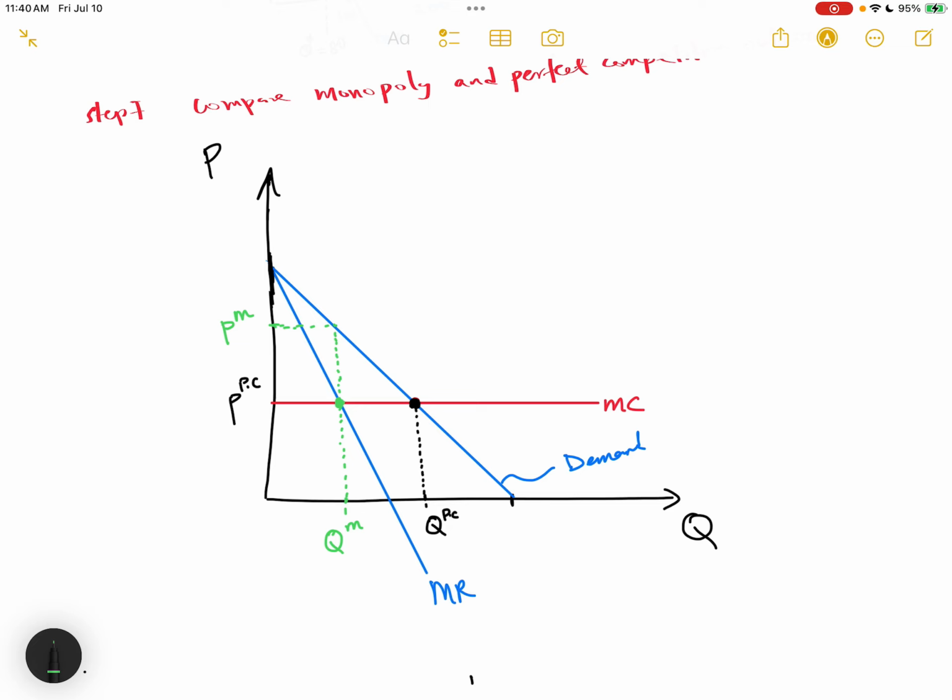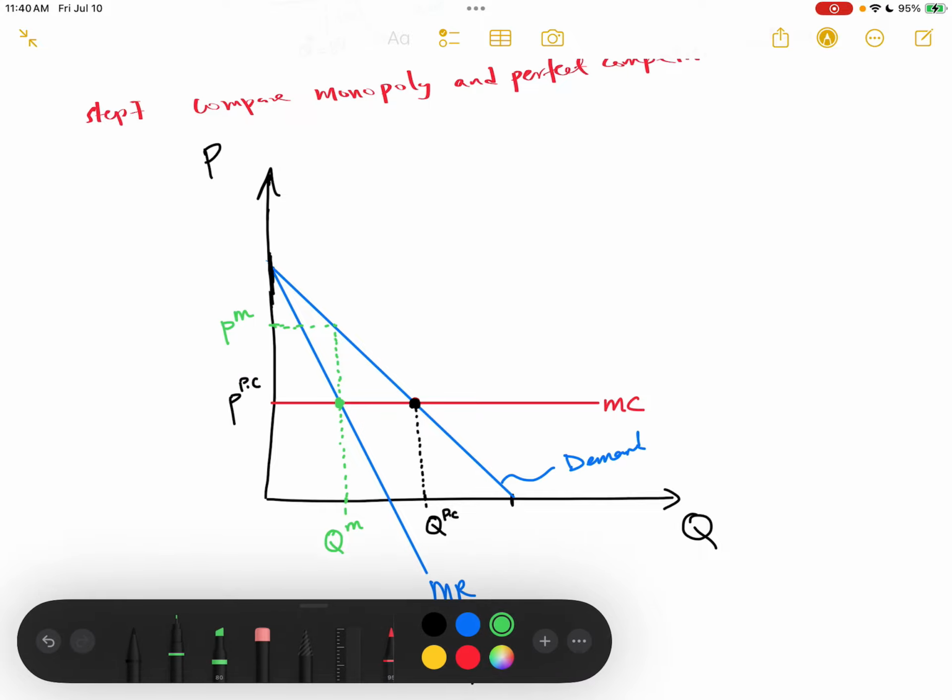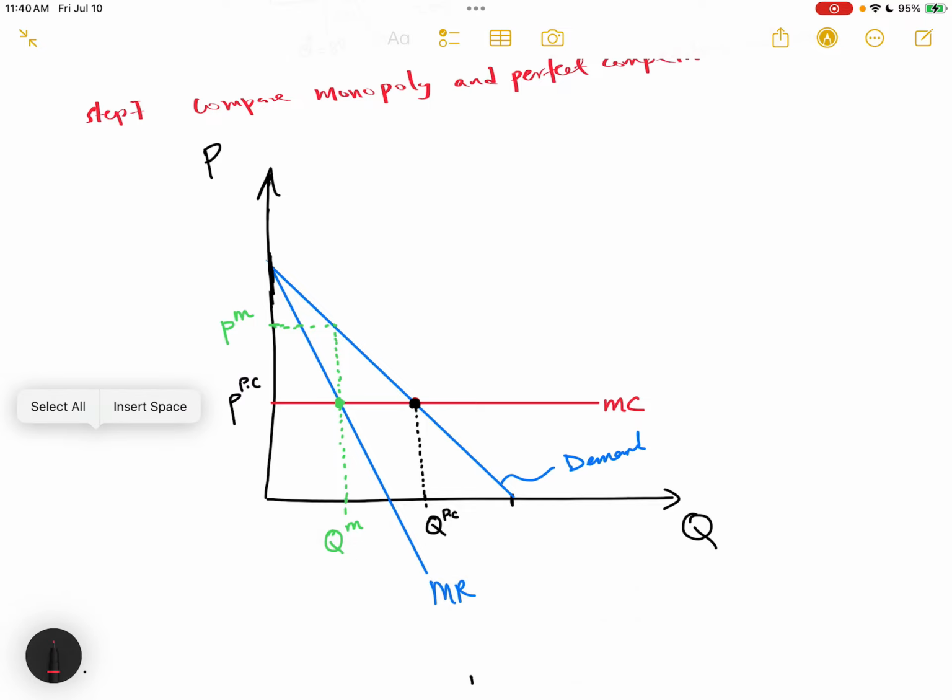Okay, so how about I label the various areas on here, three areas that we are interested in. This area here, area A, this area here, area B, and here, area C. What's happening here?